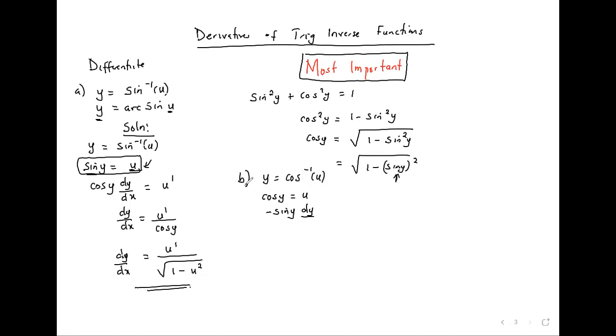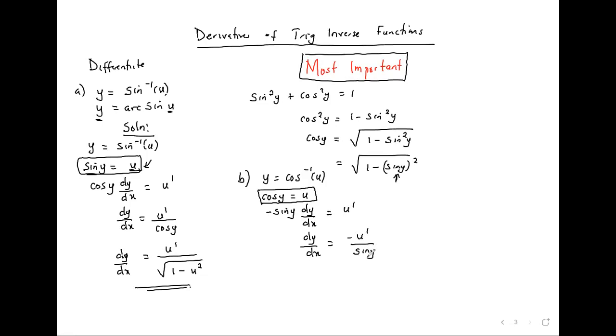Then dy dx, so that we also differentiate x with this, and we differentiate y with respect to x, and then solve for dy dx. It becomes negative u prime over sine y. We go back to the identity and solve for sine y in terms of cos, because we know cos y is equal to u.